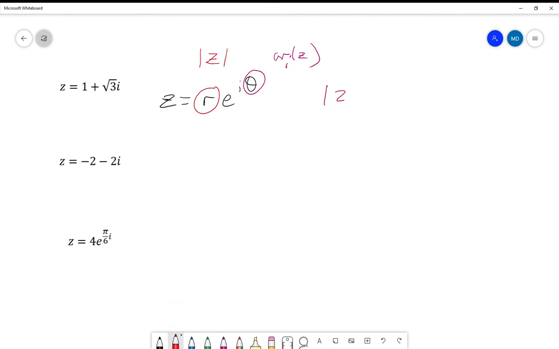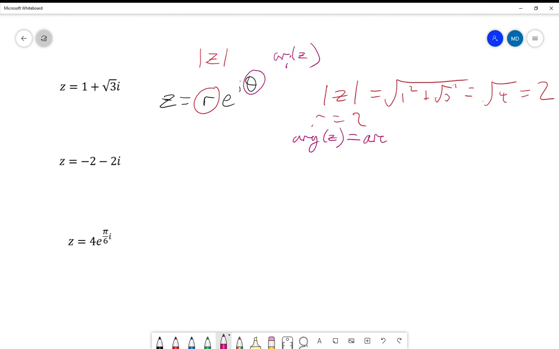So the modulus of z is equal to the square root of 1 squared plus root 3 squared, which is equal to the square root of 4, which equals 2. And so our r equals 2. And the argument of z is going to be equal to arctan of root 3 over 1, which is going to be equal to pi over 3.